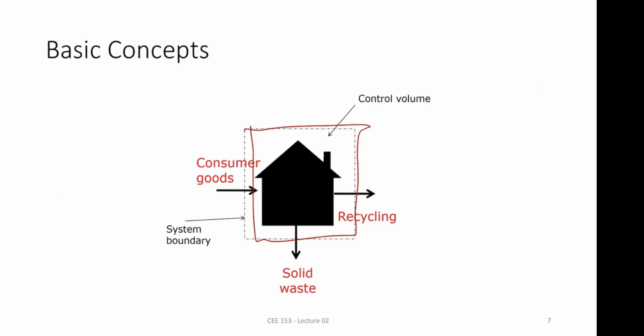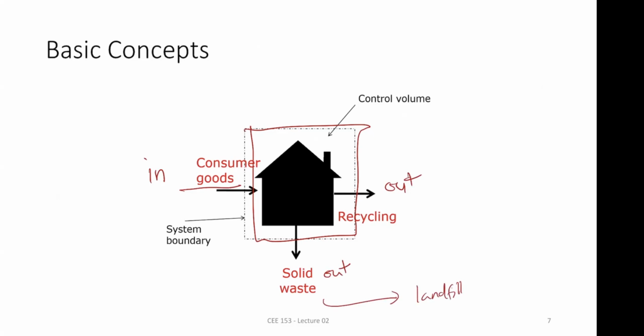And then you have things coming in, and there are two outs. One is the things that you are recycling, which goes to the recycling bin, still going out of your home, and some goes to solid waste that goes to landfill. So this is mass balance.